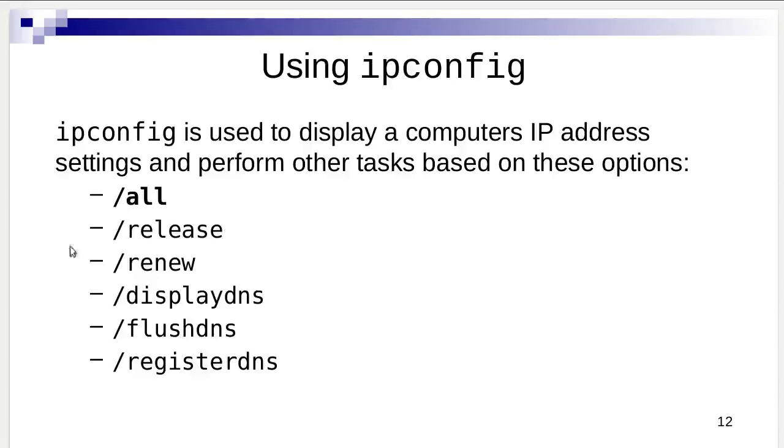You can say ipconfig /release, so you shouldn't type in a hyphen. It's ipconfig /renew, and so on. And chances are you will use, or you have used, display DNS, flush DNS, and register DNS in the lab.